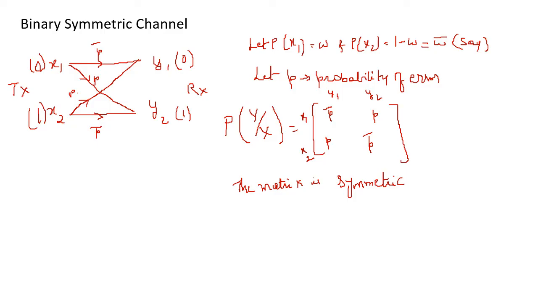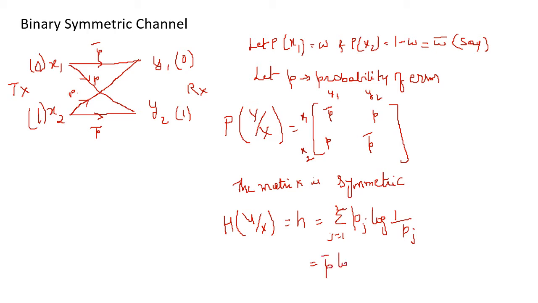So the matrix is symmetric, and we know that for a symmetric channel H of y by x is nothing but a constant value h, which is summation of j varying from 1 to 2 pj into log of 1 by pj. And what is this pj value here? We'll just try to substitute. It is nothing but p bar log 1 by p bar plus p into log 1 by p. So this is nothing but your channel matrix and its respective entropy.